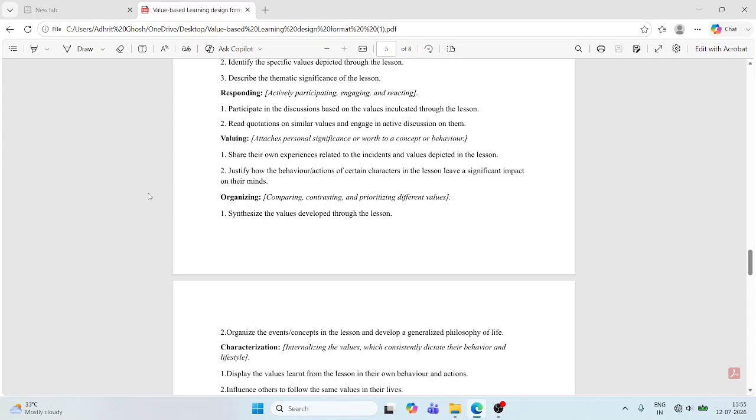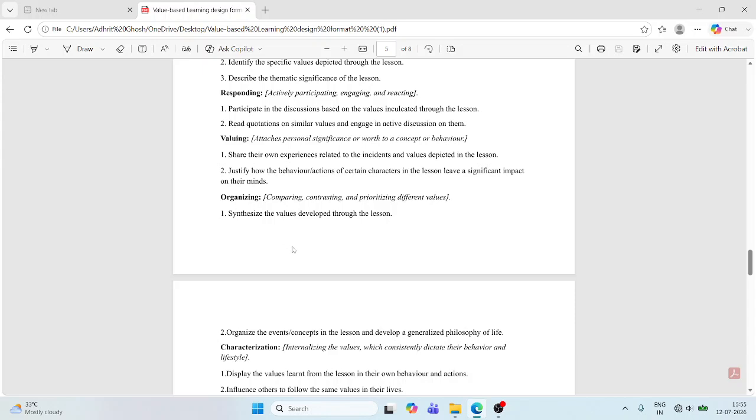Those related to other subjects, you can take up any concept in the lesson through which certain values can be developed, and ask them to justify the same.